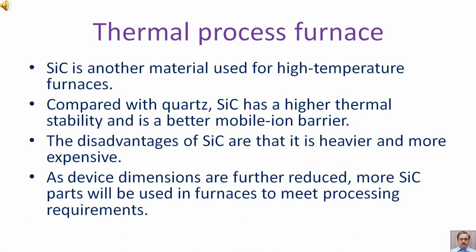The disadvantages of silicon carbide are that it is heavier and more expensive. As device dimensions are further reduced, more silicon carbide parts will be used in furnaces to meet processing requirements.